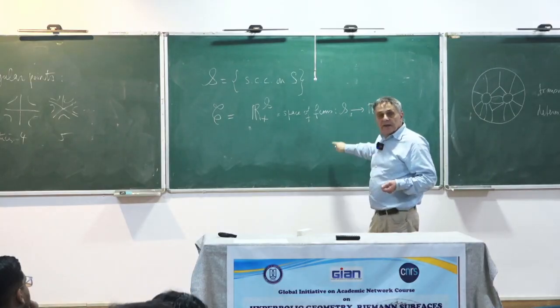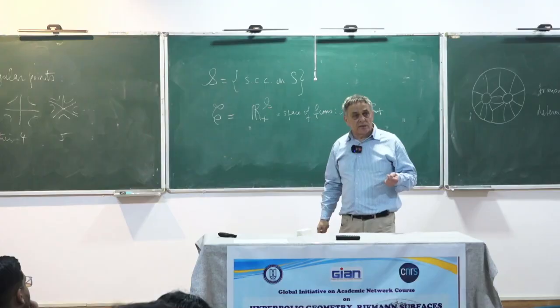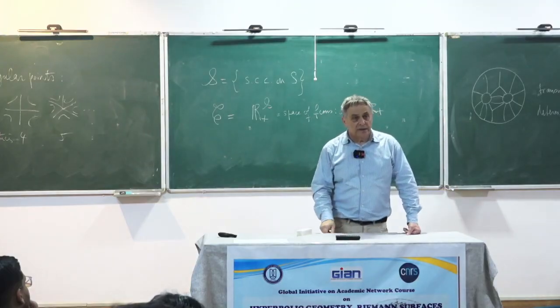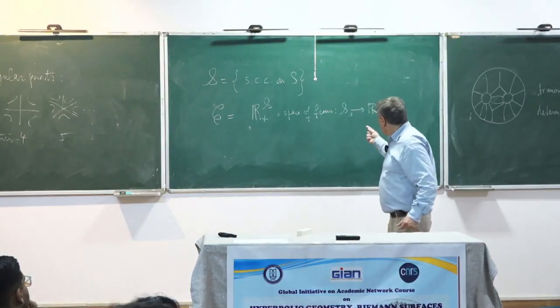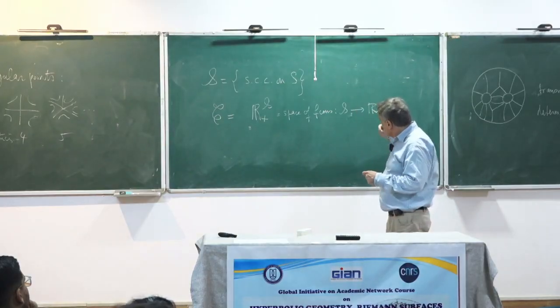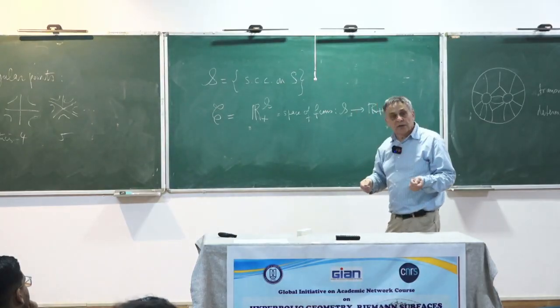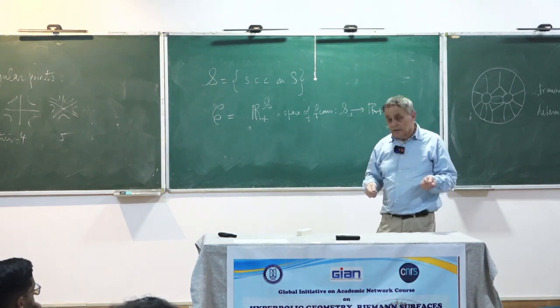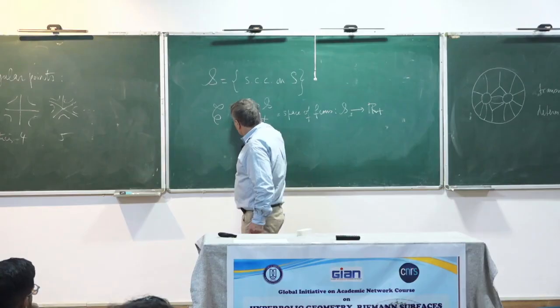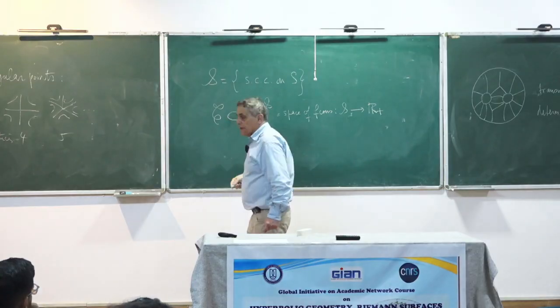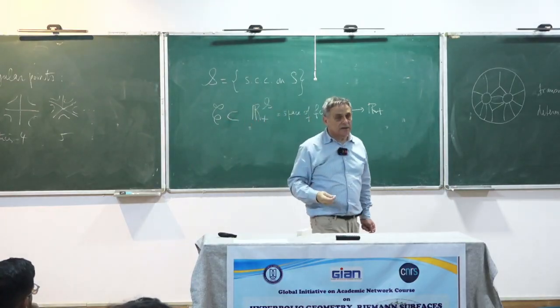Yes. And I explained to you also that the length function determines the point on Teichmüller space, right? So I put equality, it is not equality. I have an inclusion, in fact. This map is injective.